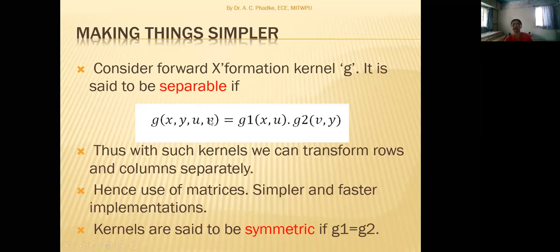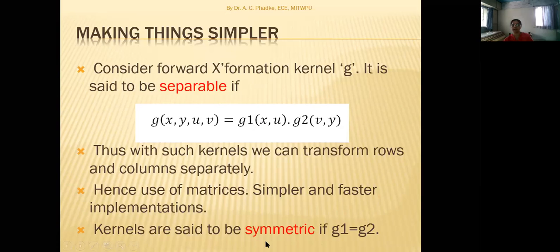So this is known as separability. If we can separate g(x, y, u, v) into one component of xu and another component of vy, we can call that this forward transformation kernel is separable. So this is known as the separability property.